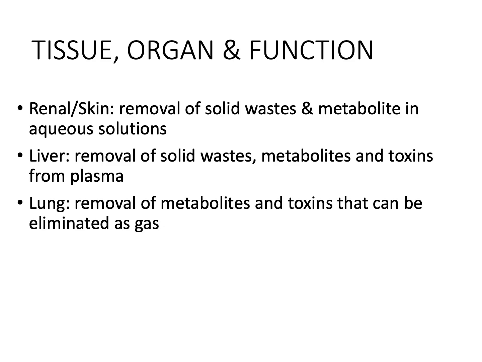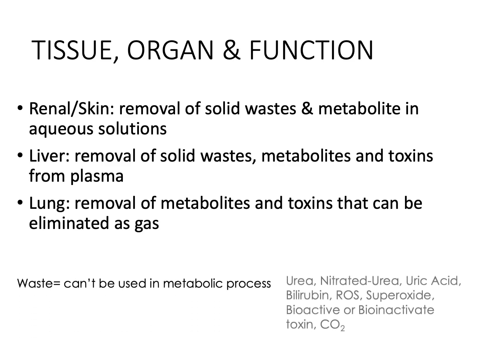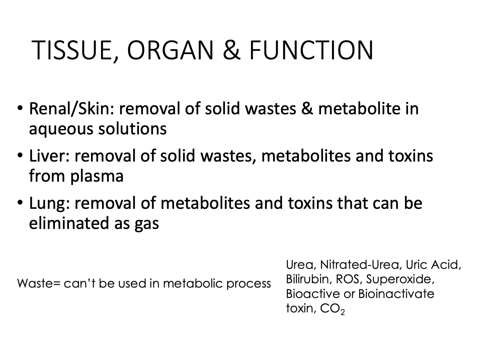When we look at the overall function of what's going on here, we have to delineate between two concepts. What is a waste and what is a metabolite? So we'll see stuff in the excreted materials that are not wastes, even though we talk about it as being excrement. Wastes are things that cannot be used for any other metabolic process.